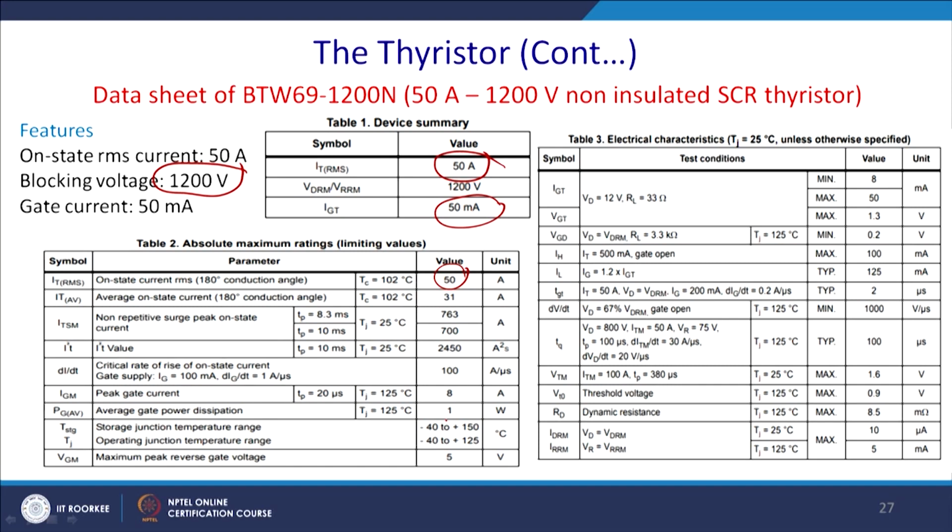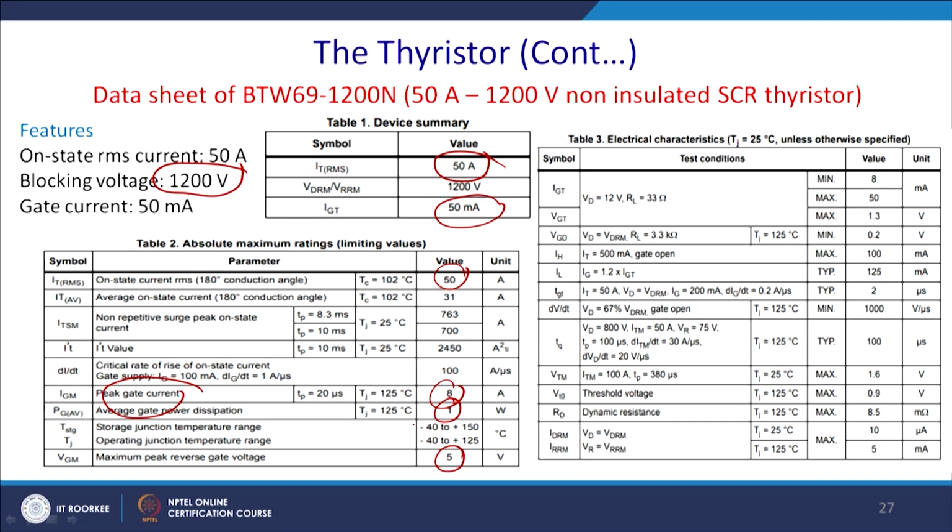At different temperature levels, the conduction current is 50 amperes, but if the temperature rises to 100 degrees centigrade, it has to be considerably derated, to 31 ampere, and all the data has been prescribed. The peak gate current can be 8 ampere, the peak power dissipation should be 1 watt, and the maximum peak reverse voltage is 5 volt.